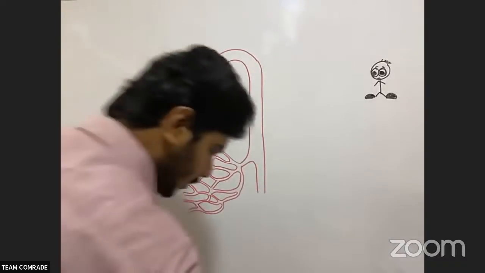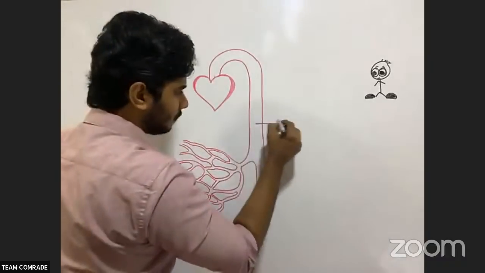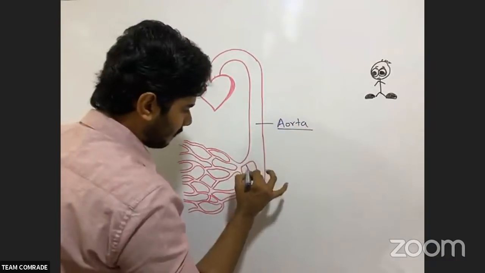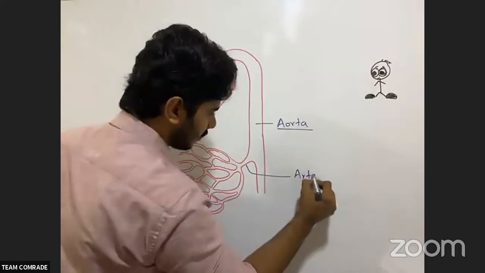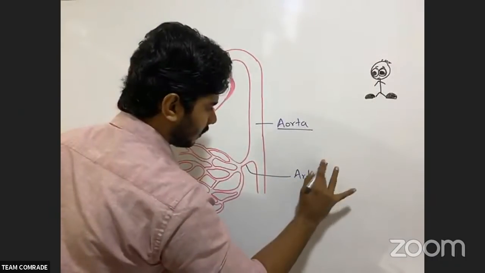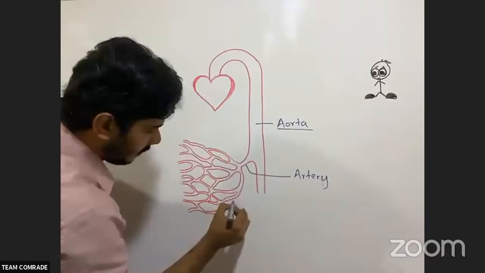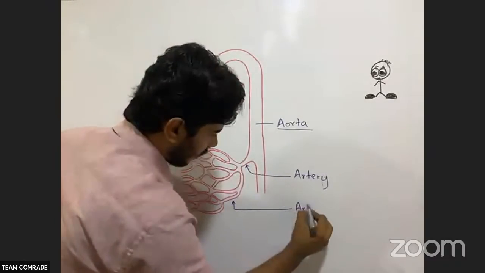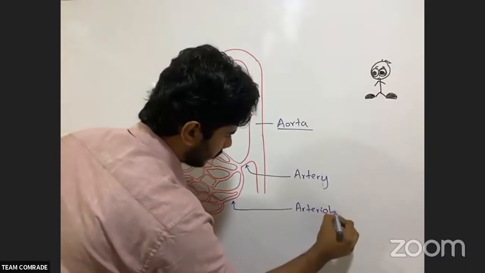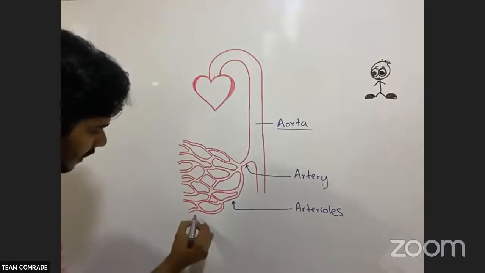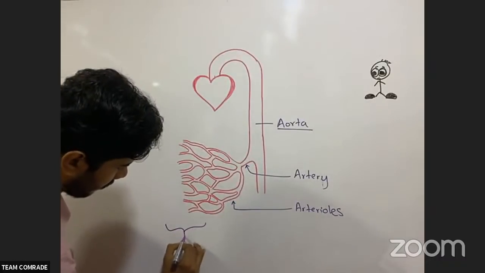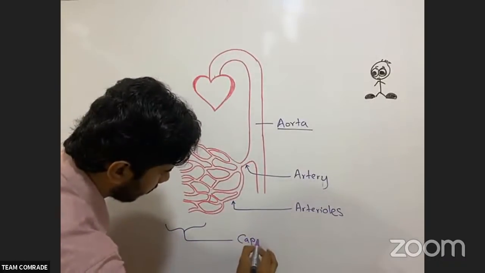So what is this? Aorta. So these are main arteries. Artery. And these are what we call arterioles. And when it comes to this place, what we call capillaries.